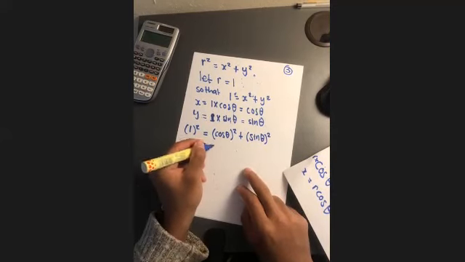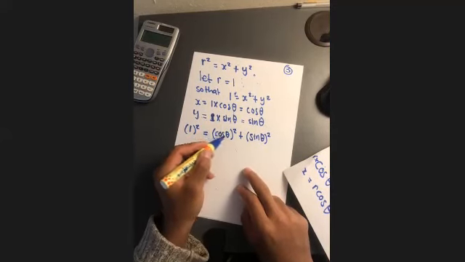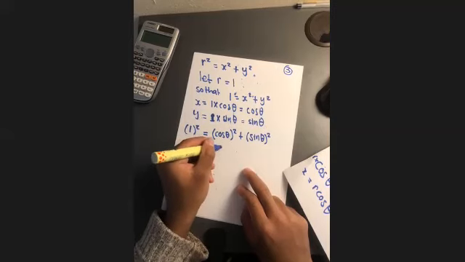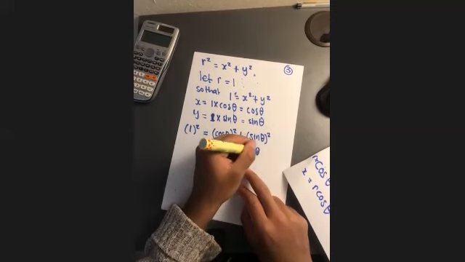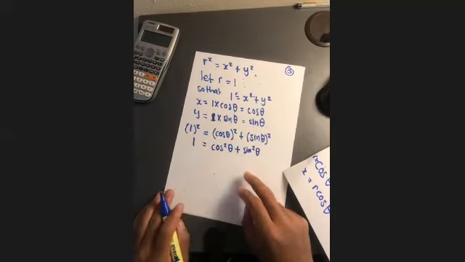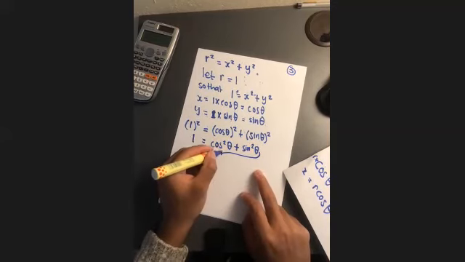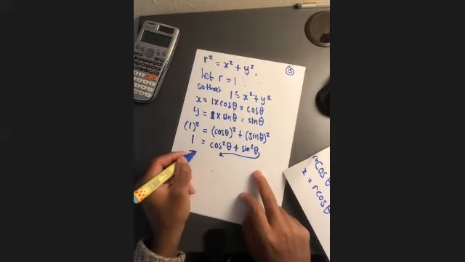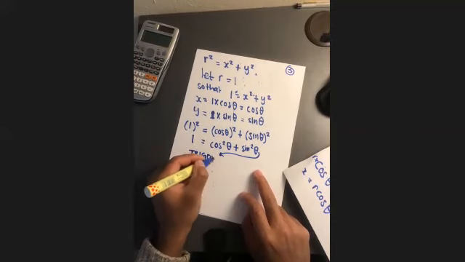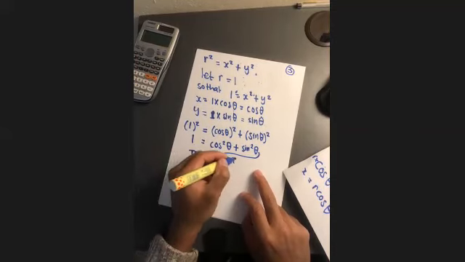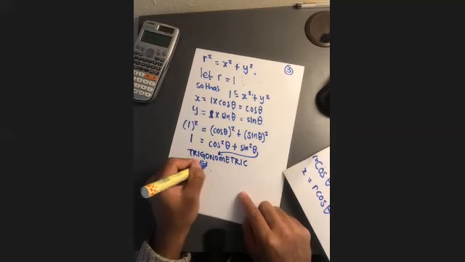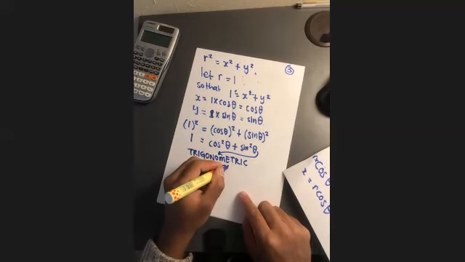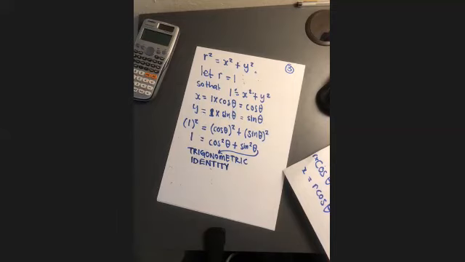So now, removing the brackets, we find that cos squared of theta plus sine squared of theta is our answer. But this is all equal to 1. And this leads us to the first trigonometric identity. And we're going to use this identity to find even more identities going forward.